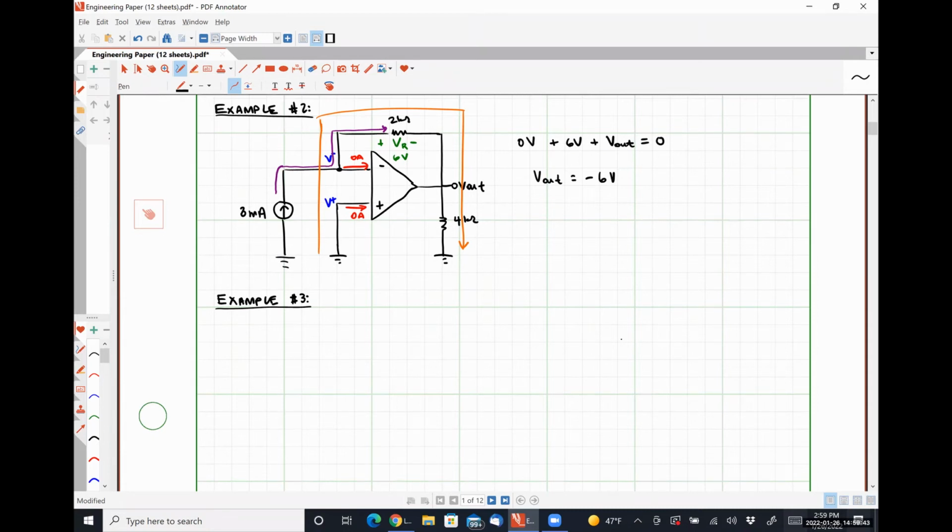Like so. Okay, so let's say that we have a 3-volt source.